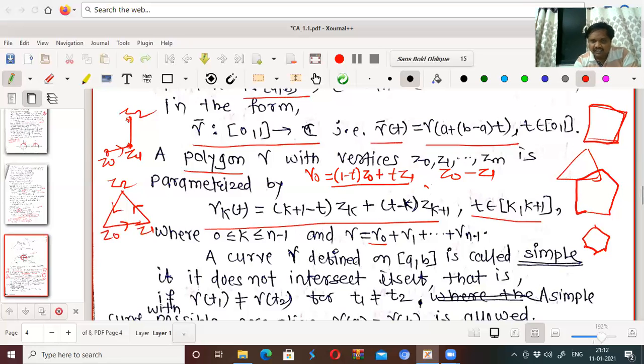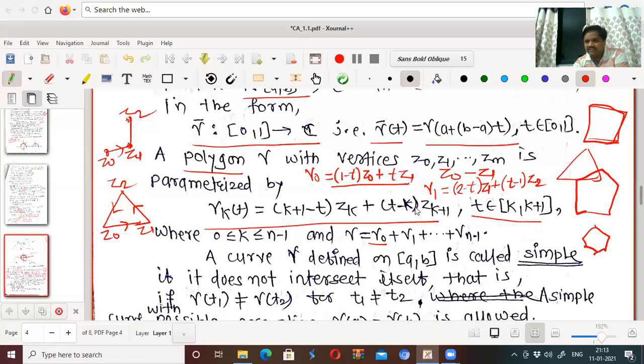Similarly, gamma 1 becomes, by putting k equal to 1, (2 minus t) into z1 plus (t minus 1) into z2. It is again a line joining z1 to z2.